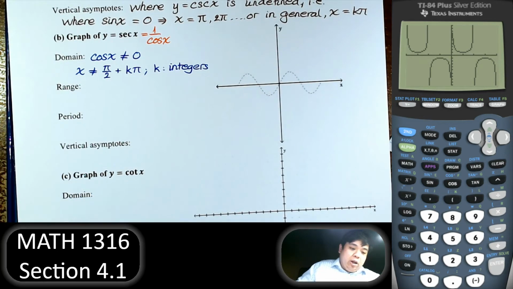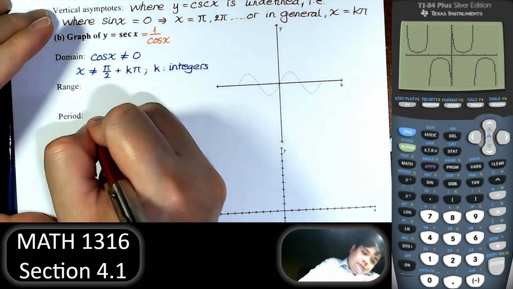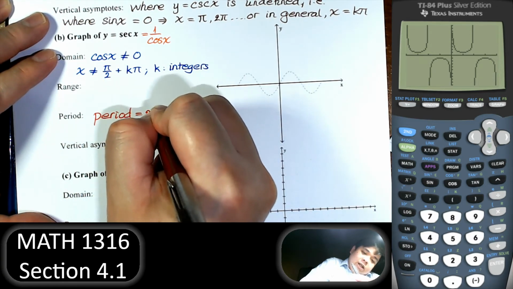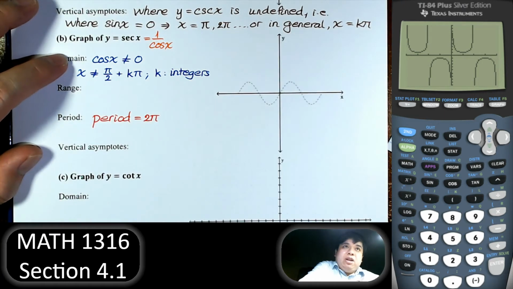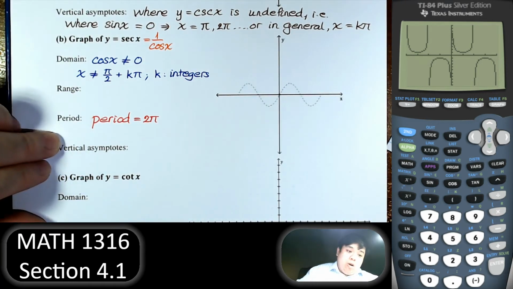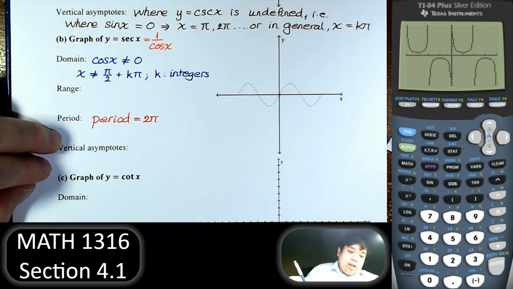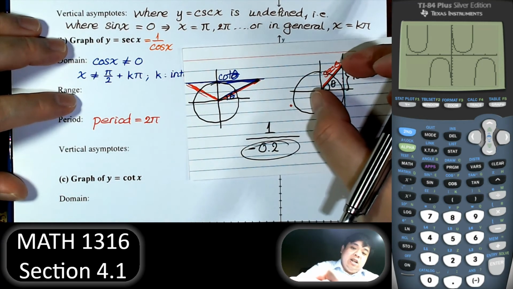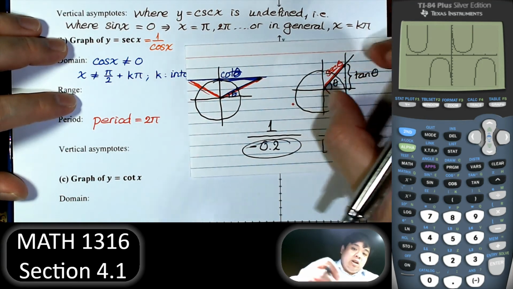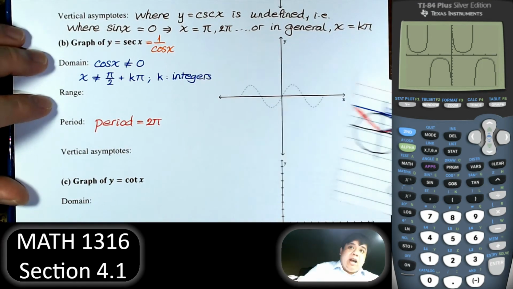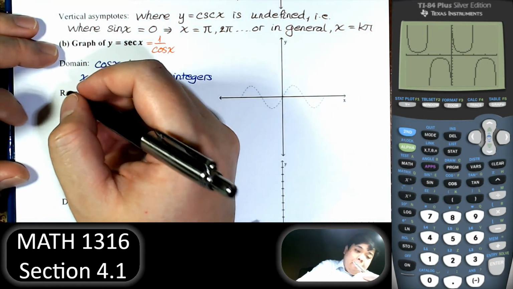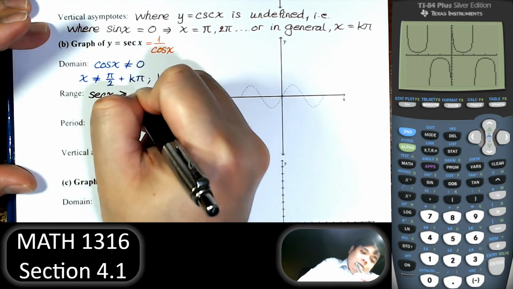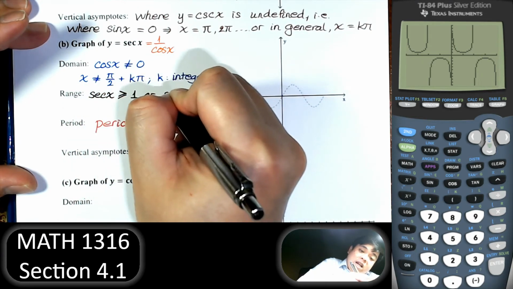The period we already have, 2 pi. Yeah, tangent and cotangent, the period is pi. Everything else is 2 pi. Right. The range is similar to what we had earlier. For secant, the distance is going to be greater than 1 because that is the point outside of the unit circle. So secant is greater than or equal to 1 or less than or equal to negative 1.